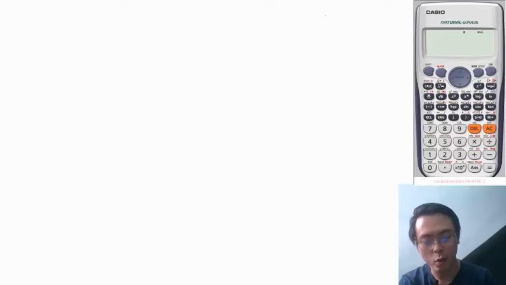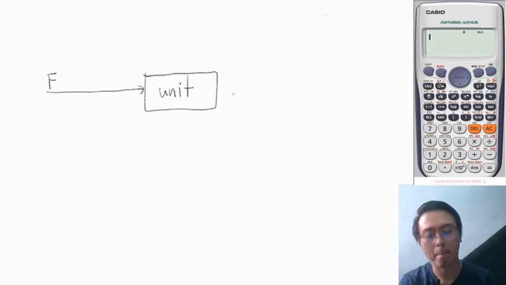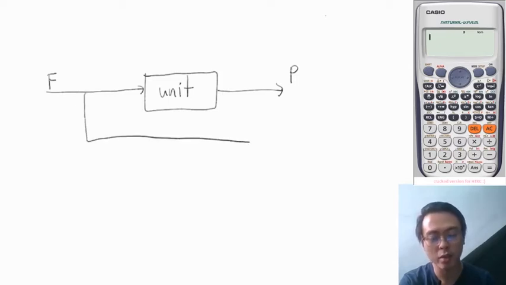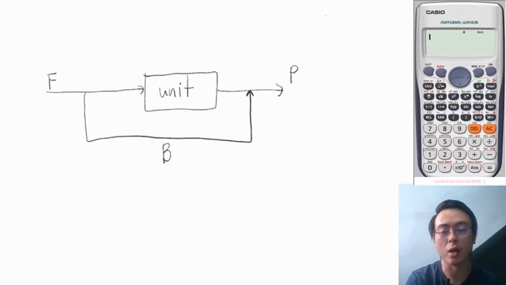So we have our unit, we have our feed, and our product. For bypass, we take some of the feed and then you bypass the units, or you skip the units, you join the bypass with the product. Okay, so it's the exact opposite of the recycle process.